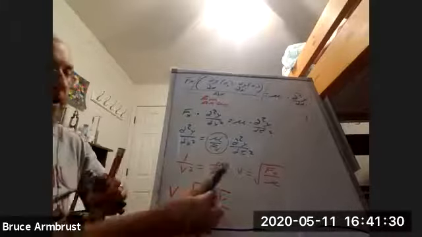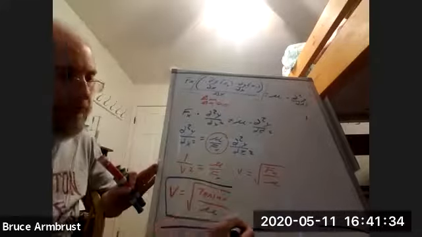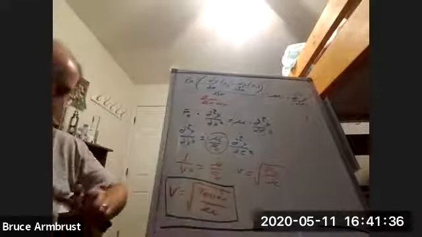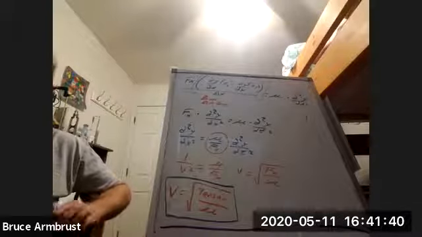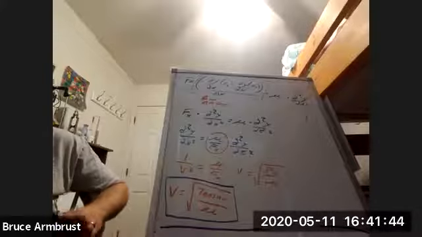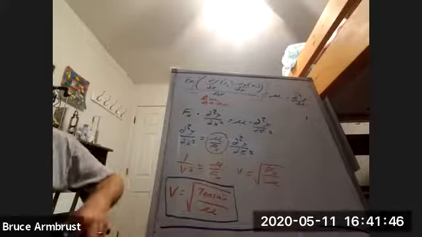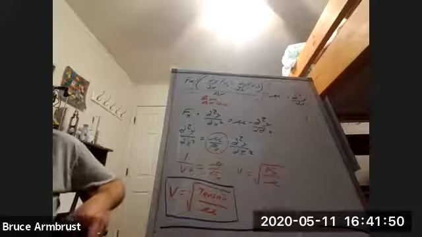But this right here tells you how fast a wave is going to move on a string. So all you need to know is the tension and then the mass density.